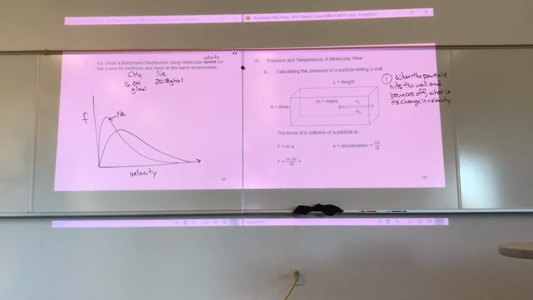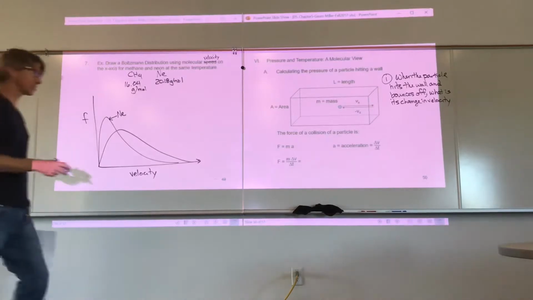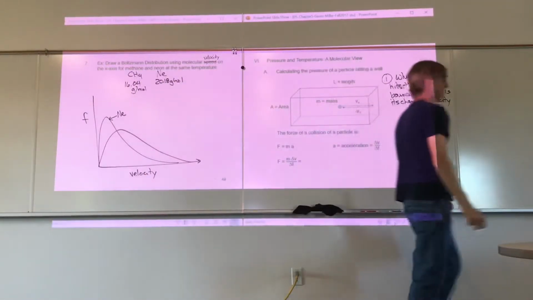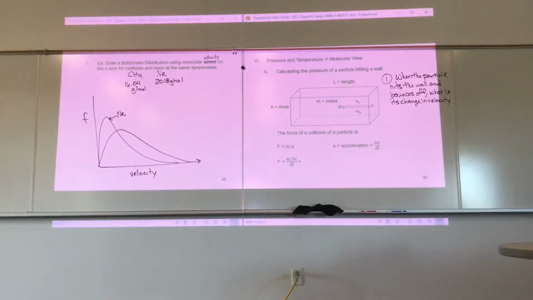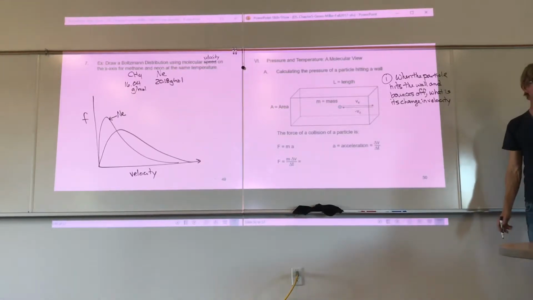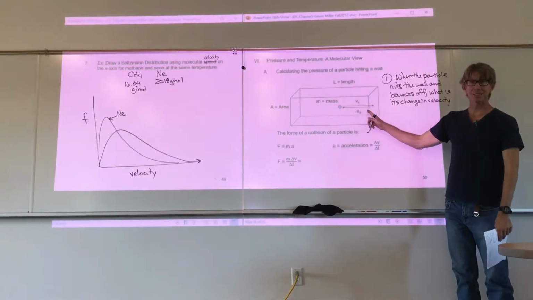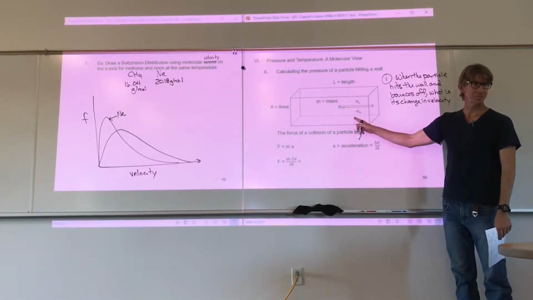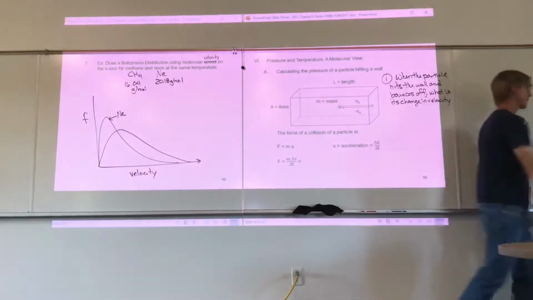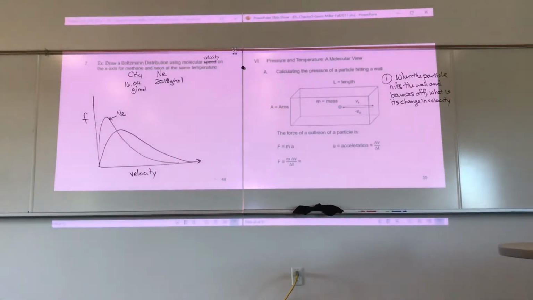But let's call this direction positive, moving at 1 meter per second, and then it bounces off and is moving in the other direction. It's actually Vx, minus Vx. So if I'm moving 1 meter per second this way, and then 1 meter per second that way, I have actually changed by 2 meters per second.